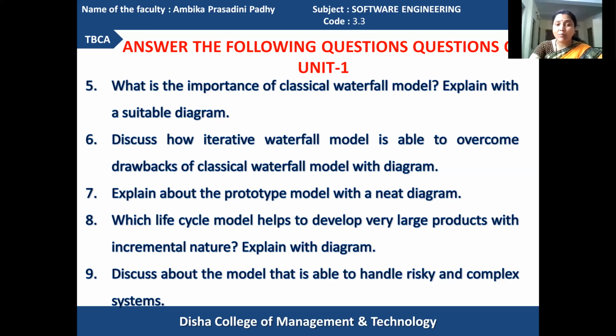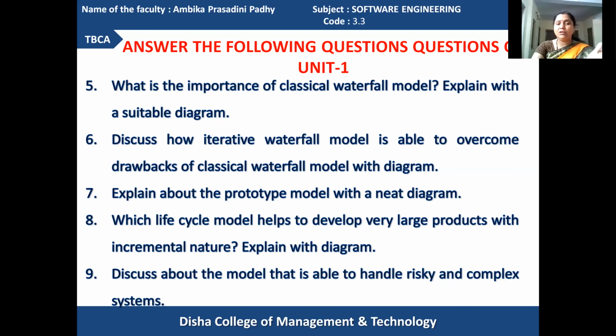Then which life cycle model helps to develop very large products with incremental nature? Discuss that, and you can think of the answer as the evolutionary model, because larger products in incremental versions are developed using it.